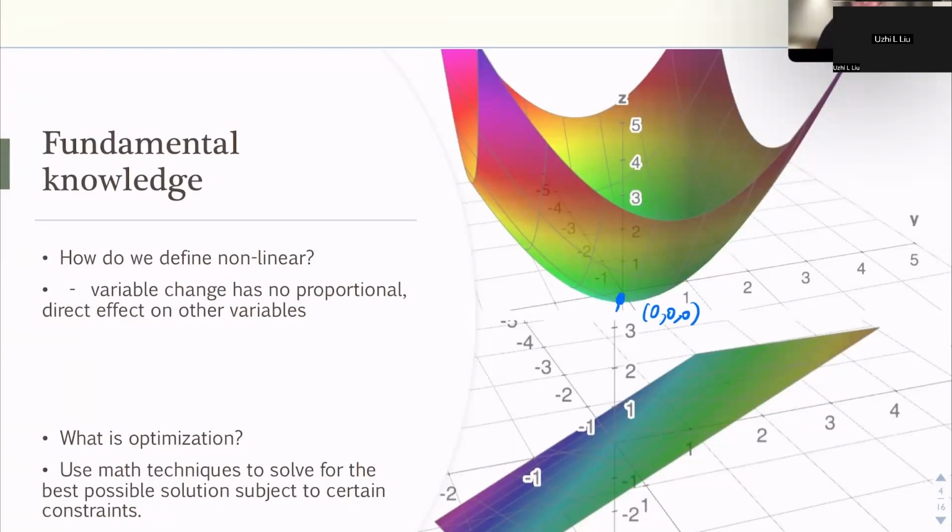For example, if you're running a company and your goal is to determine the quantity of the goods to sell under certain conditions, for example, your budget constraints on the market, optimization can allow you to determine the quantity of goods that you can sell to either maximize your profit or minimize your cost.